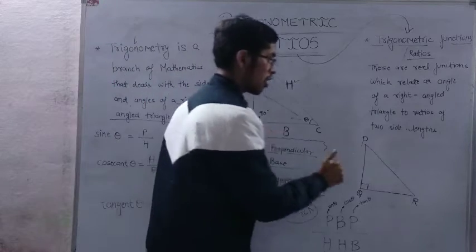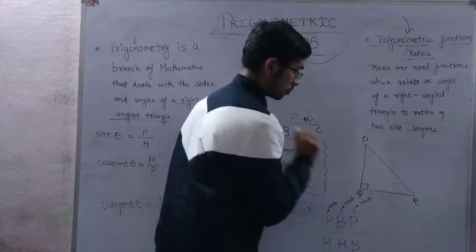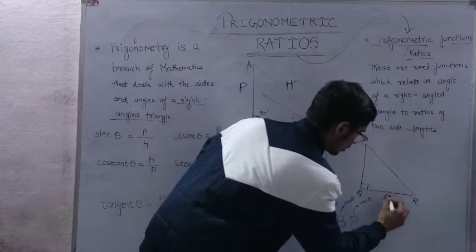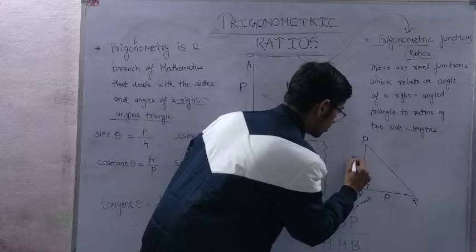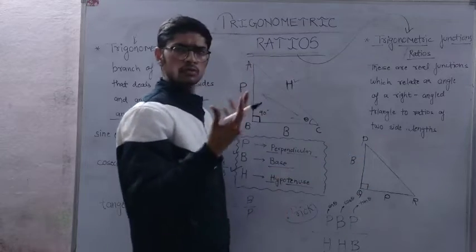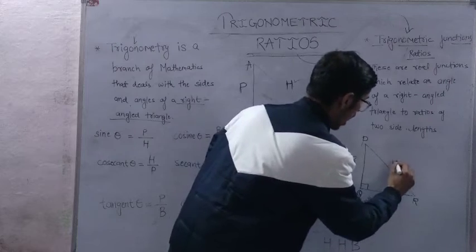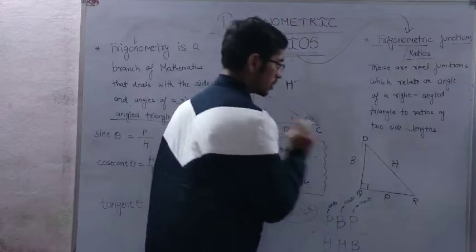Let's take another example of a right angle triangle PQR which is right angled at Q. Here we can mention QR as perpendicular and PQ as base, and the longest side PR will be our hypotenuse. How can we say this is perpendicular and this is base?